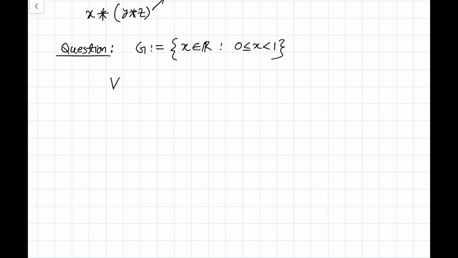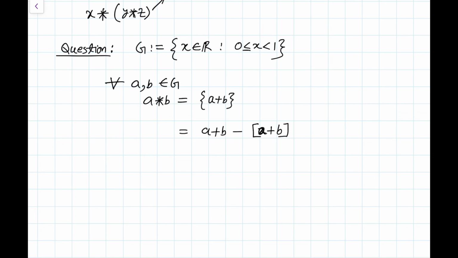And we define an operation: for a, b in G, a star b is the fractional part of a plus b, that is a plus b minus the integer part of a plus b.